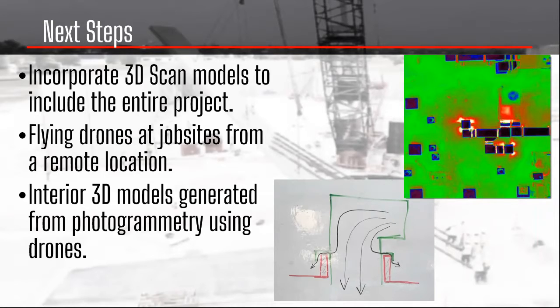And the video you just saw was the use of thermal drones during a closeout of a project. We'll take a thermal drone and fly the drone at night, and whether it's cold outside and we're blasting the heat inside the building, or it's hot outside and we're blasting the air conditioning, we're then able to determine where the energy is escaping from this building, whether it's out of the utilities on the roof, like you're seeing here with the HVAC. You can see those red hot corners there, or if it's out of the facade, or a window wasn't sealed properly.